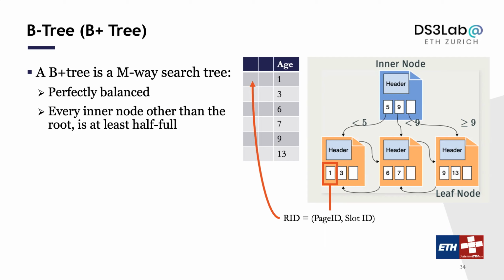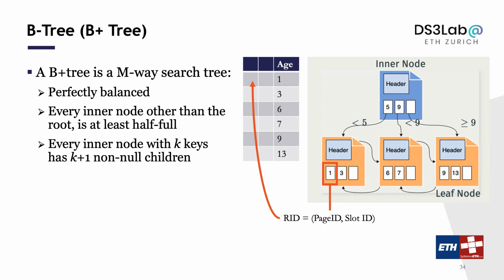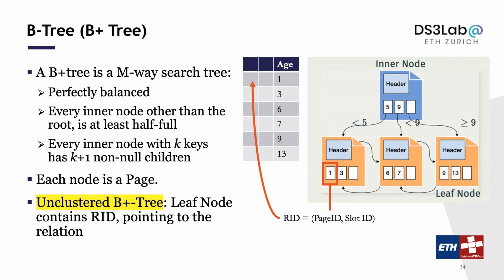It cannot contain less than 10 children. Every inner node with k keys has k+1 non-null children. And every single node, inner node or leaf node, is a page.